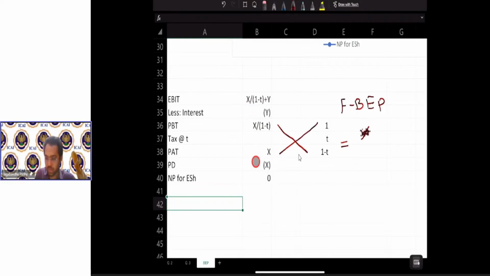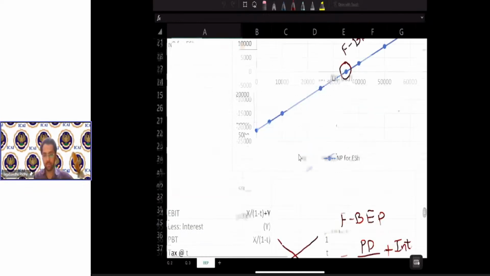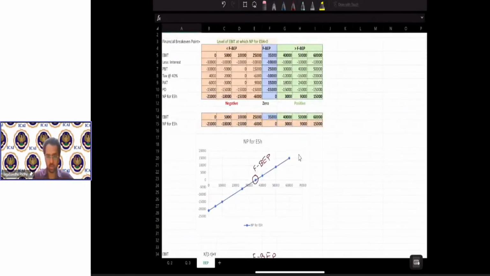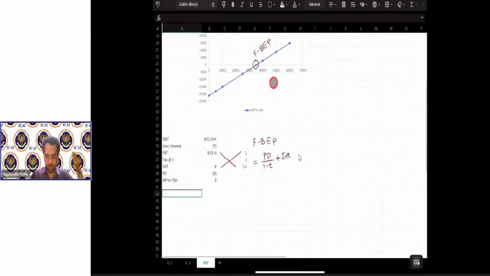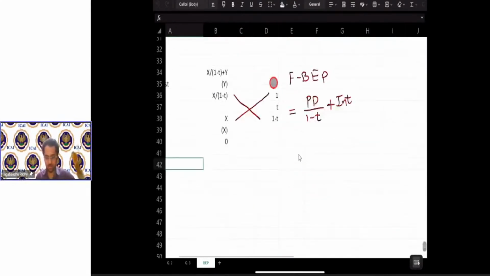What was X, by the way? X was the preference dividend. So the formula is preference dividend divided by 1 minus T, plus the amount of interest. Now let's apply the formula over here where the interest was 10,000 and preference dividend was 15,000. Let's have a look at how it appears.